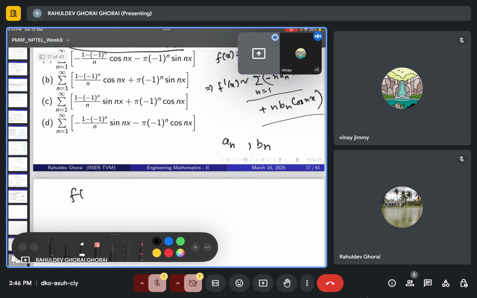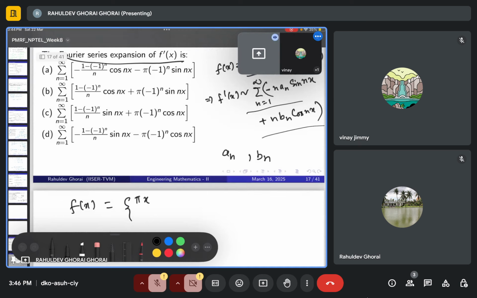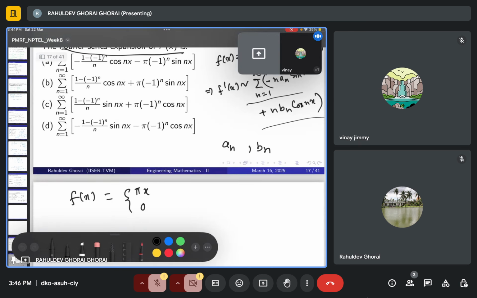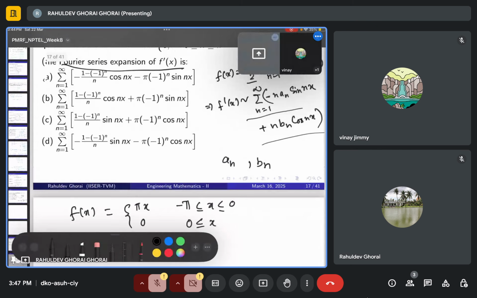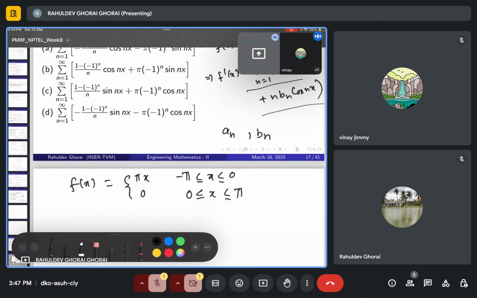So you know f(x) equals pi x if x is less than or equal to 0, and 0 if 0 is less than x less than or equal to pi.